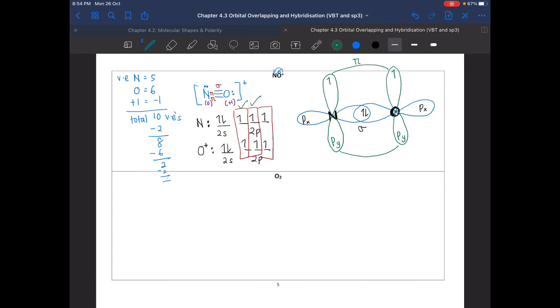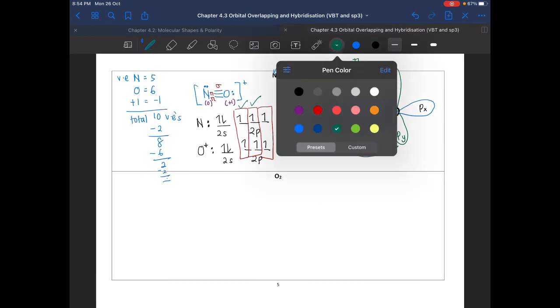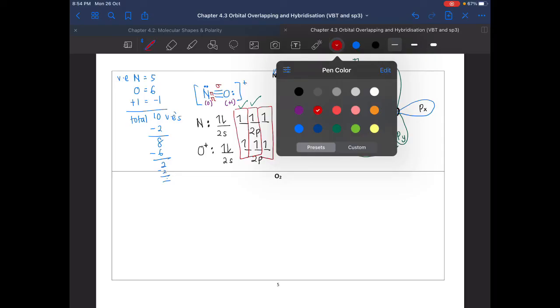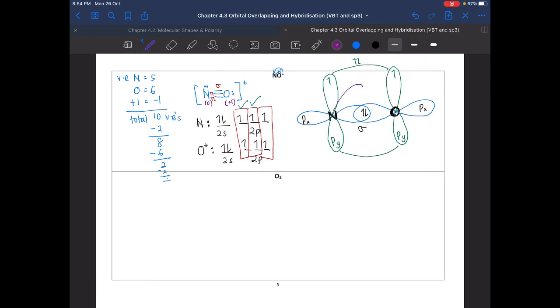Next overlapping is antara p orbital dengan p orbital juga. So kita draw miring lah this one. Okay. So 1, 2. Okay. So ini adalah PZ, 1 electron. So this one pun sama. PZ, 1 electron. Okay, drawing dia, kalau untuk overlap dia, untuk show the overlapping sideways tu, mesti parallel.